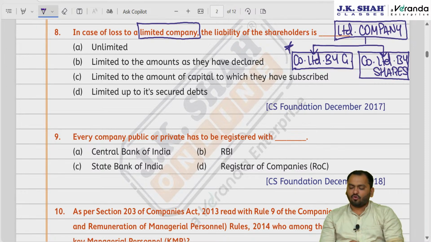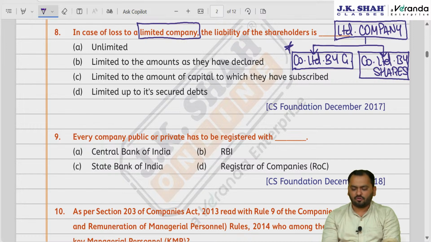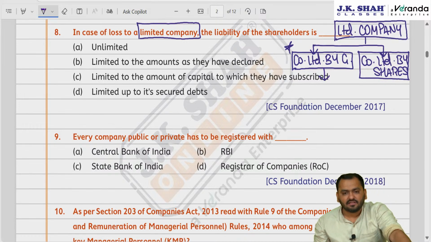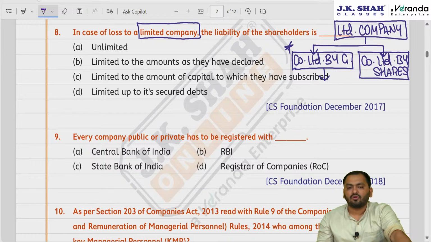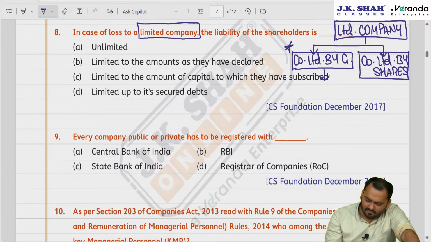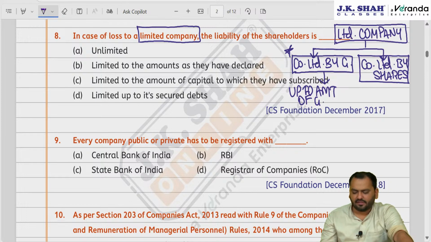Whatever guarantee amount the member has undertaken is going to be the liability of the members. So obviously liability is limited, only up to the extent of the amount of guarantee taken by them.